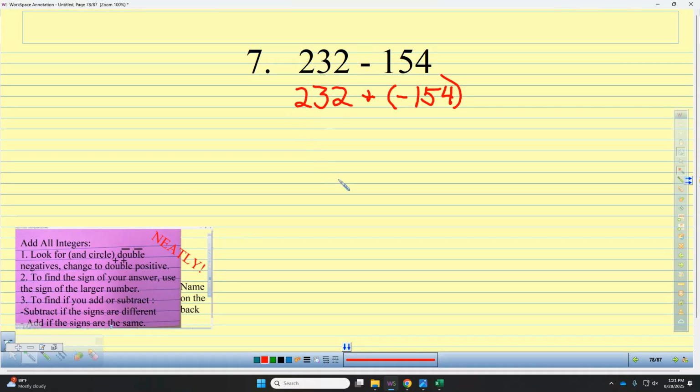The sign of the larger number is positive, so that tells me my answer is positive. So that takes care of step 1 and 2. The signs are different, so because they're different, we subtract. So I'm going to do 232 minus 154.